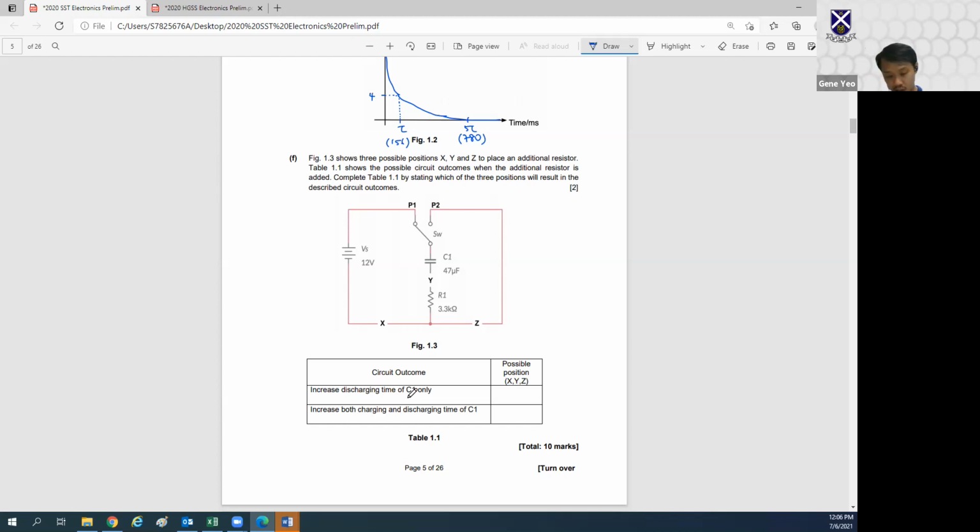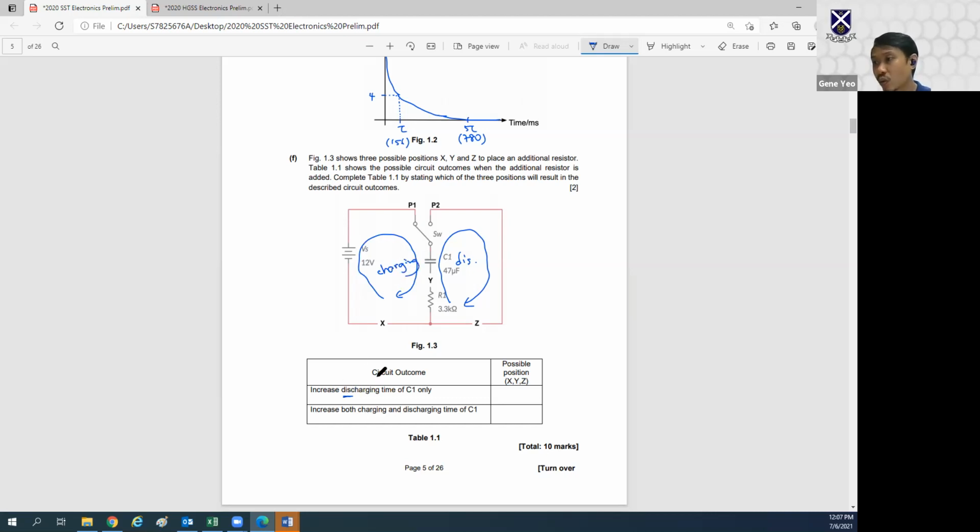Increase the charging time only. If I just want to increase the discharge, it means I only want to talk about it discharging over here. This is discharge, and the circuit over here is where it is charging.